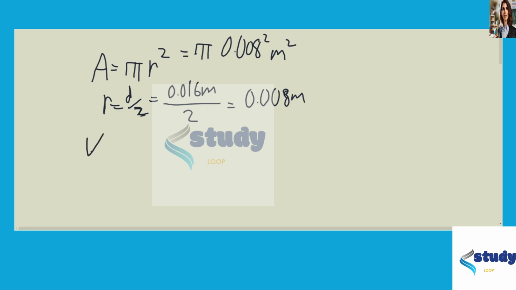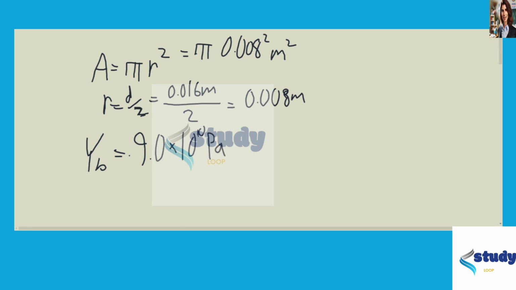For Young's modulus of brass, you can just go to the table in your book and it'll tell you that it's 9.0 times 10 to the 10th pascals.